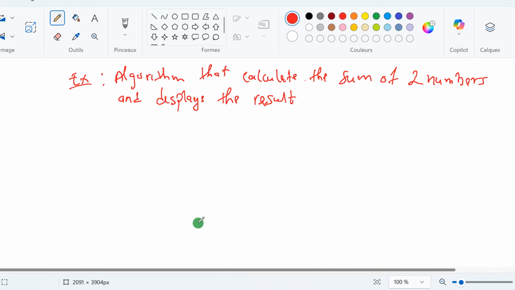Good. So this is an exercise where they ask you to write an algorithm that calculates the sum of two numbers and displays the result. So let us do this algorithm both in flowchart representation and in pseudocode representation.